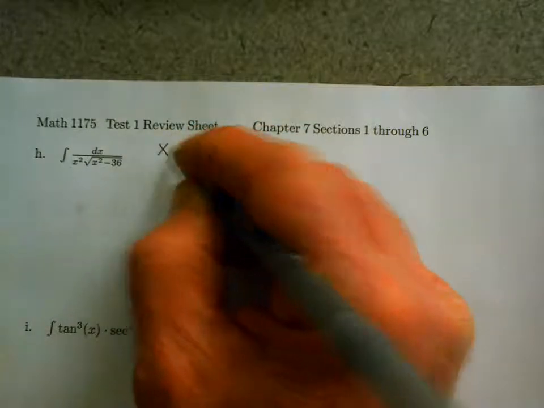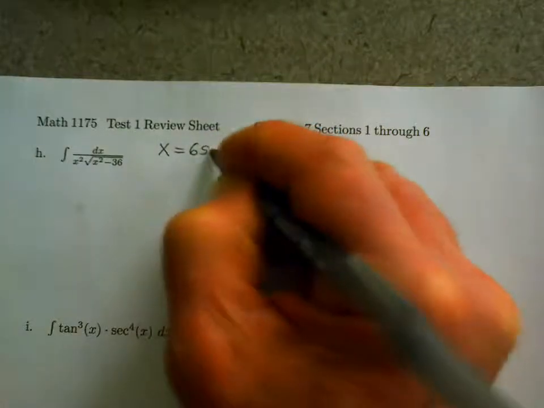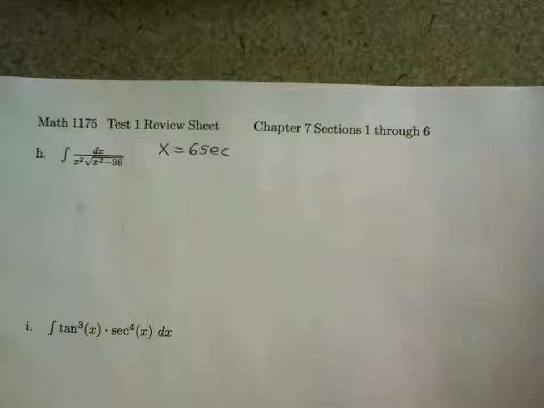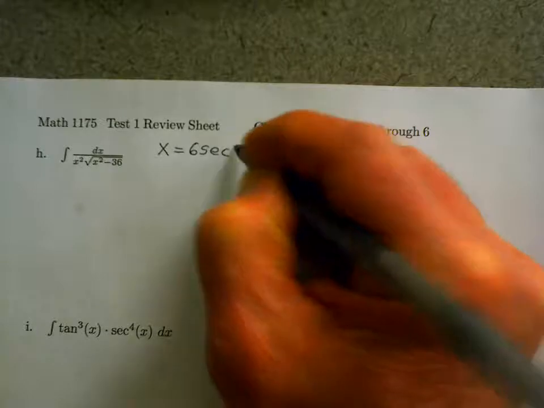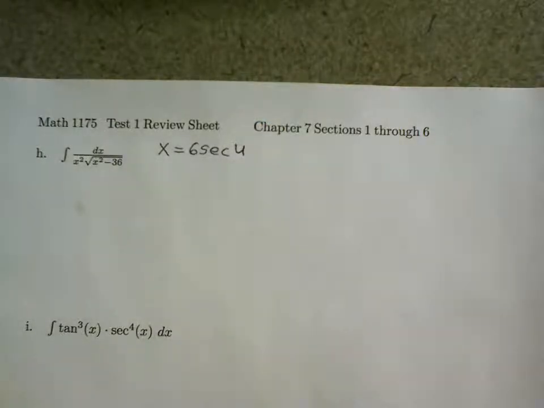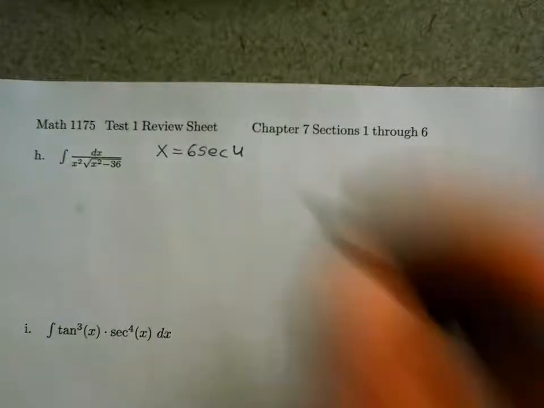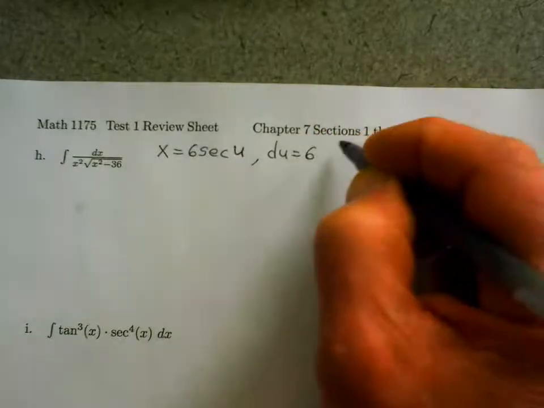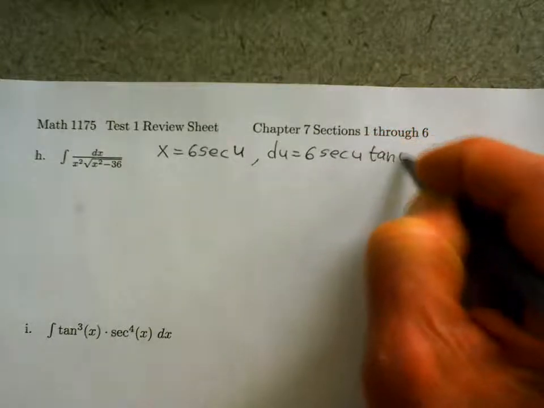If we let x be 6 times secant of some other variable. We often use theta, but we shouldn't always expect to see theta. So I'll use a different variable this time. x equals 6 times secant of u. And so dx is 6 times secant of u times tangent of u du.